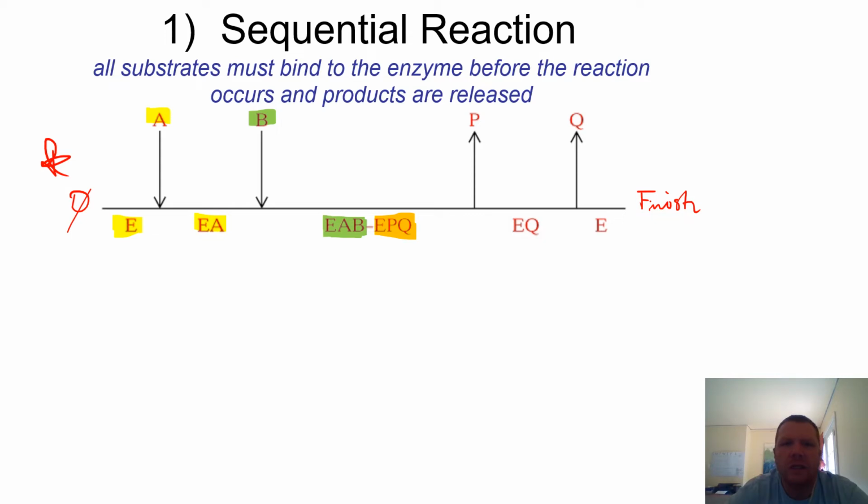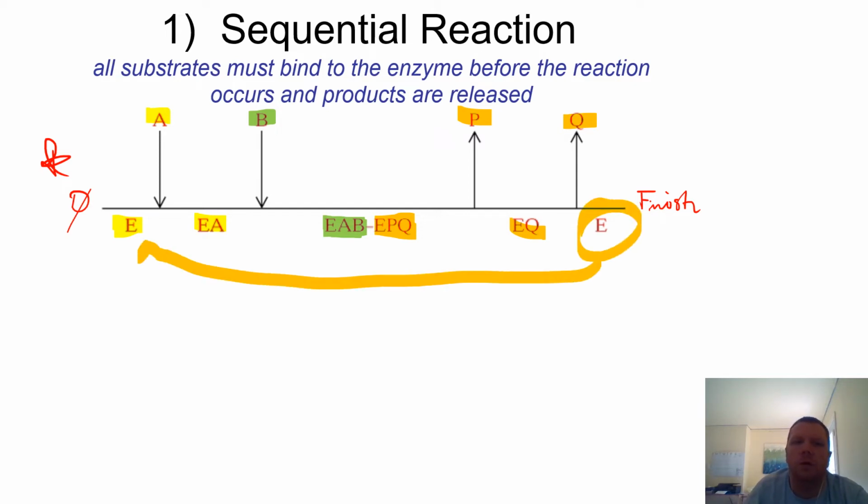The point is that as soon as your enzyme has bound those two different substrates, everything's ready to go. You can release one product, leaving EQ, then release your second product, and your enzyme's ready to go and can continue catalyzing that reaction.